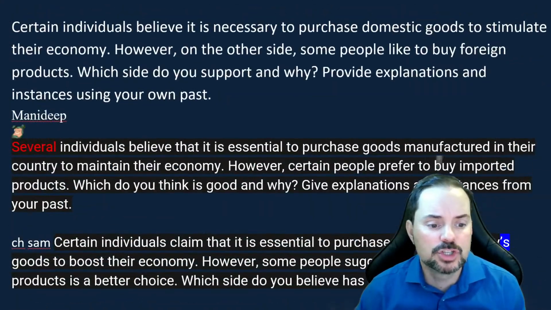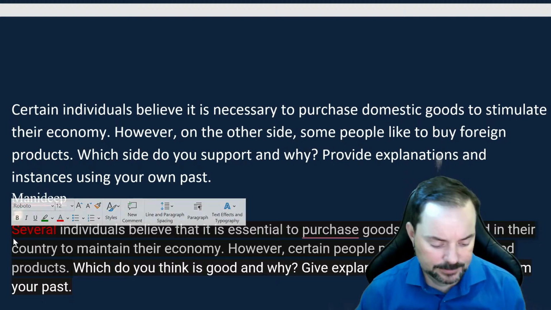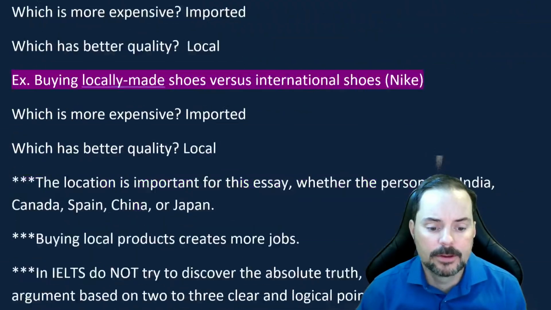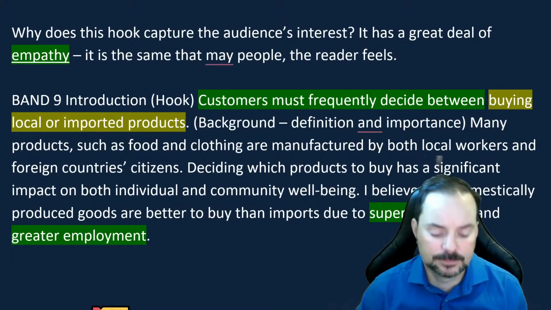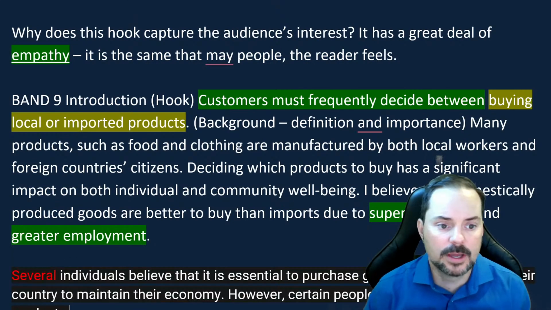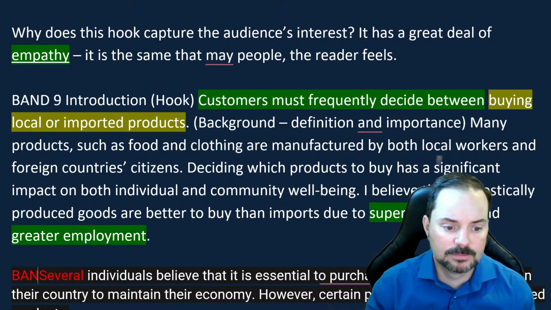So let me show you. Manny Deep had this paraphrase, and we had a student say this essay will. Okay, so let me show you a Band 6 introduction.